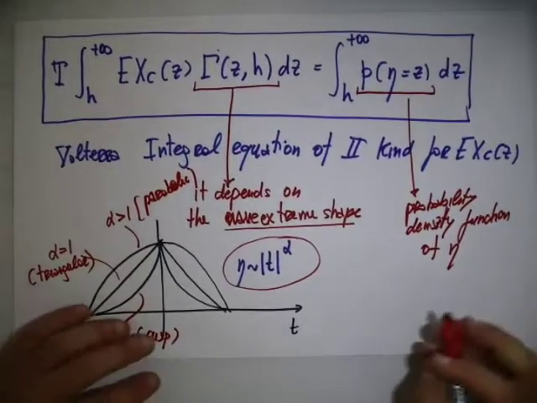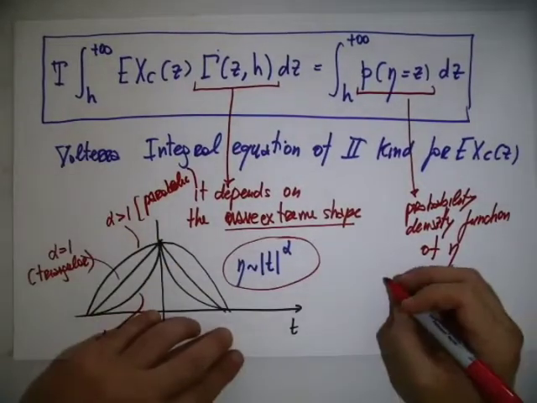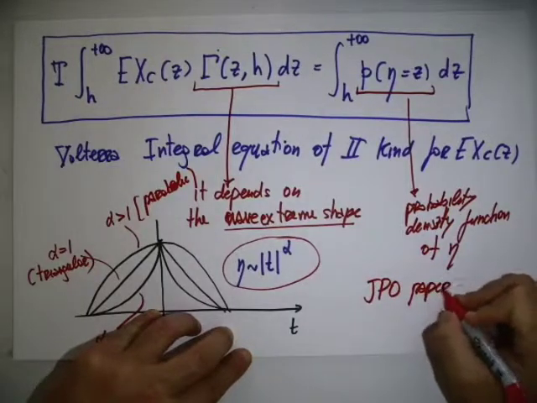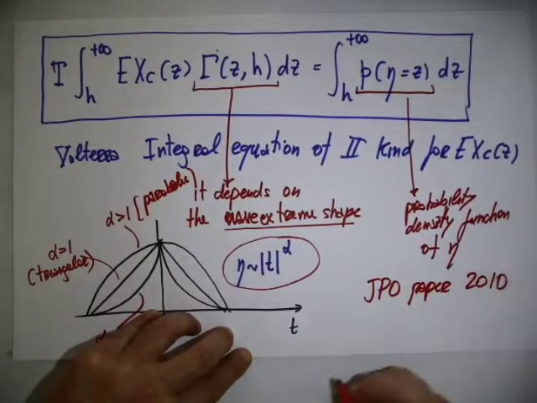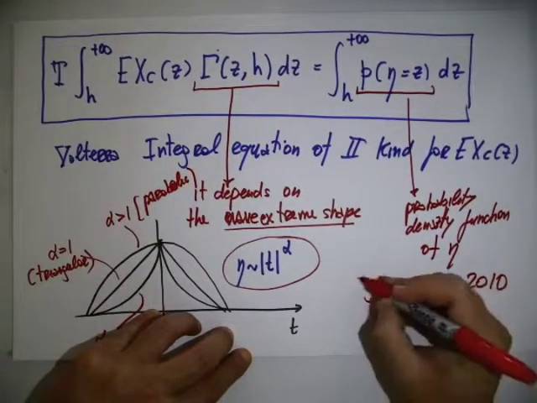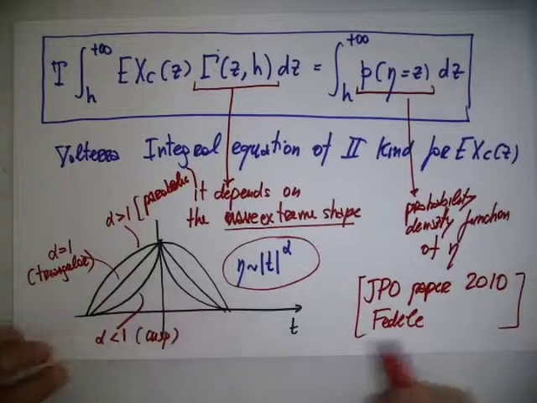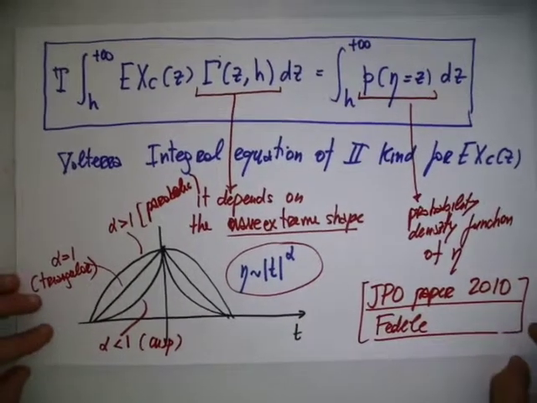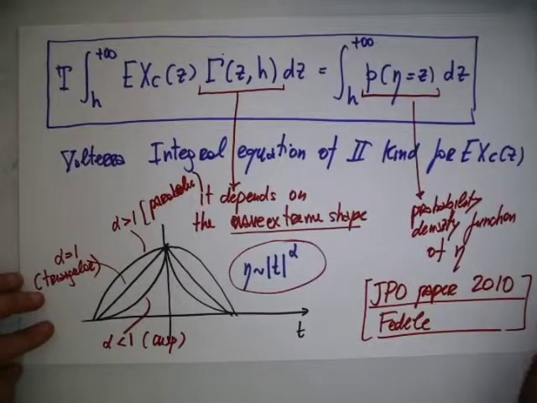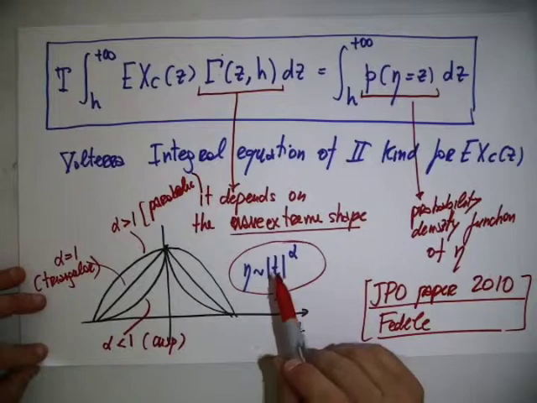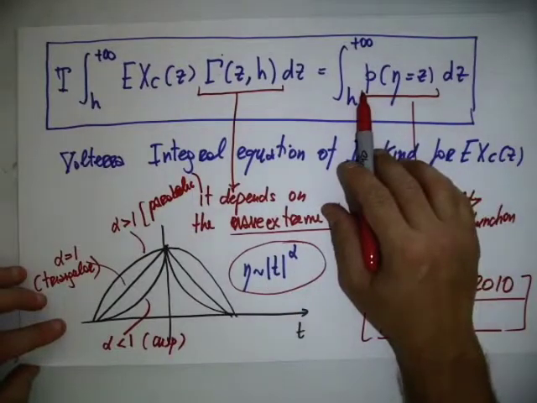So you can find the generic solution in my paper, 2010. Google it, and you will find a generic solution for this integral equation for a generic probability density function.